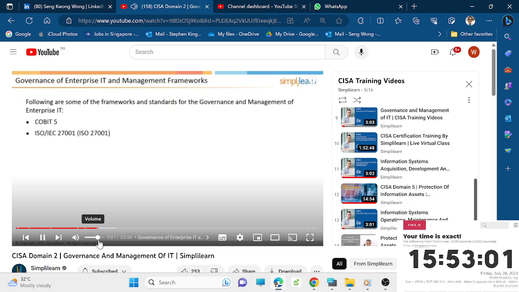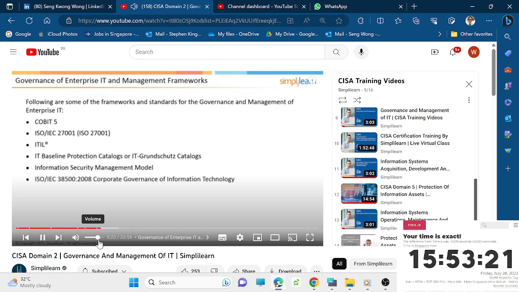COBIT 5, ISO IEC 27001, ISO 27001, ITIL, IT Baseline Protection Catalogs or IT Grundschutz Catalogs, Information Security Management Model, ISM3, ISO IEC 38500, 2008, Corporate Governance of Information Technology, ISO IEC 20000. We will learn about each in detail in the forthcoming screens.